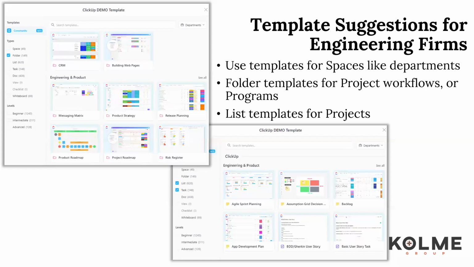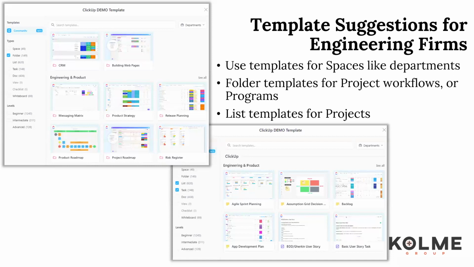Templates can help a firm repeat successful processes while maintaining consistency throughout the organization. It can be useful to templatize spaces for teams and departments for consistency. Also check the Template Center for agile management and sprint planning templates. Folder templates can help create a team member directory, backlogs, bug tracking, and sprints.